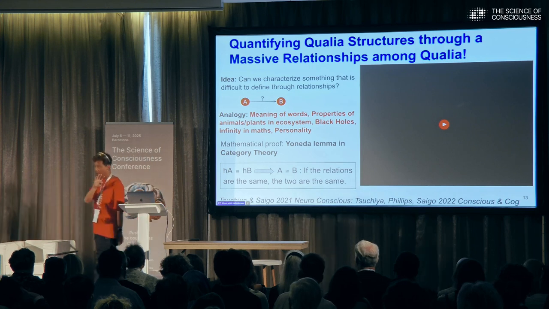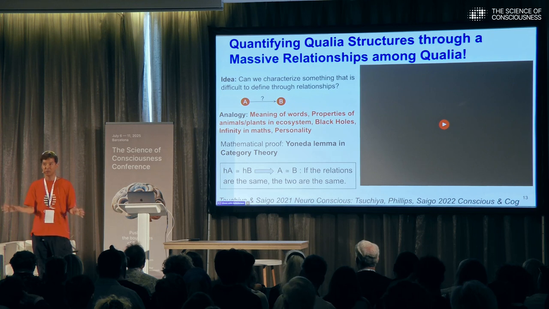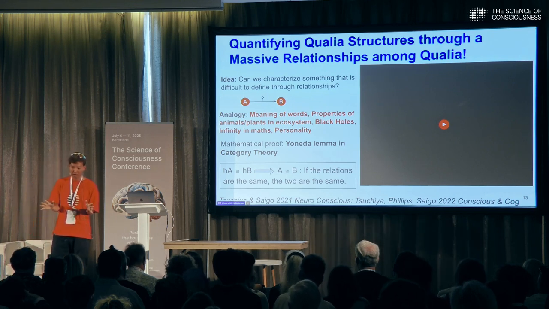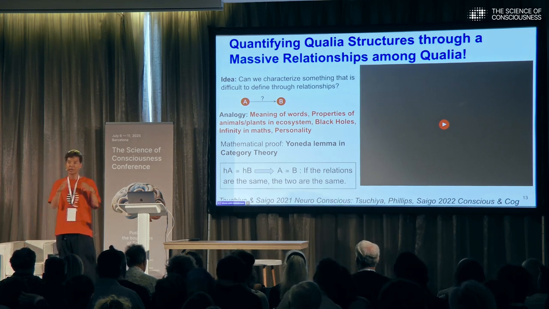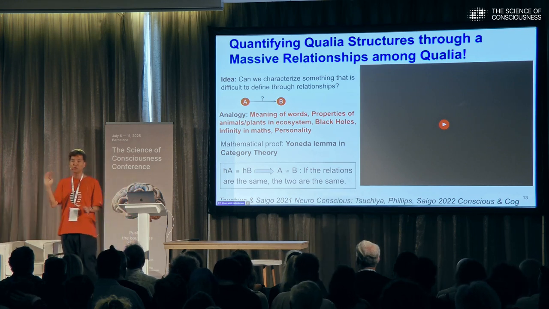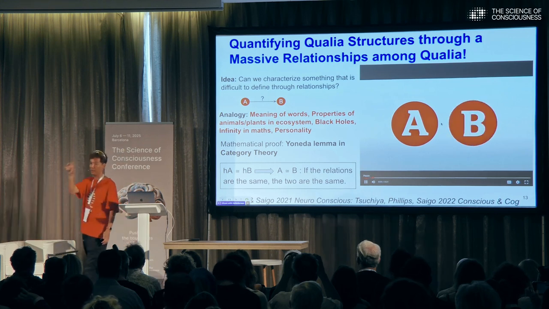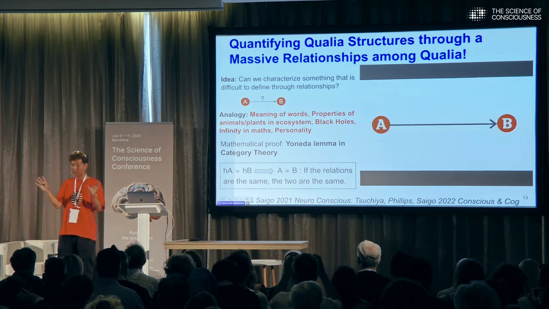So this is a very intuitive notion, but in mathematics, in category theory, there's a precise notion called the Yoneda lemma. It's a theorem. What it eventually says is that if you don't know the thing itself, but you know its relation to others, then you can identify what it is. That's the mathematical proof.